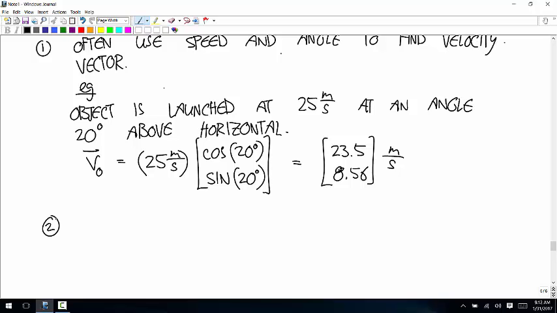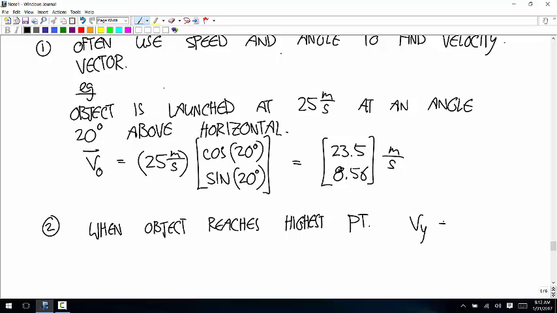Exactly. So when an object reaches its highest point, Vy is equal to 0, but not Vx. That's an easy mistake to make, to treat the whole velocity like it's going to be 0.